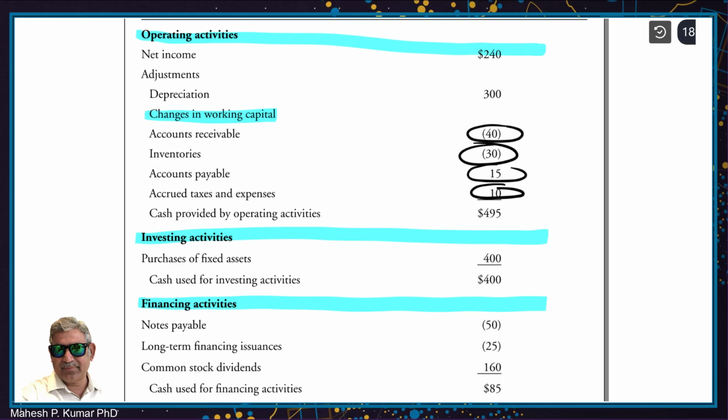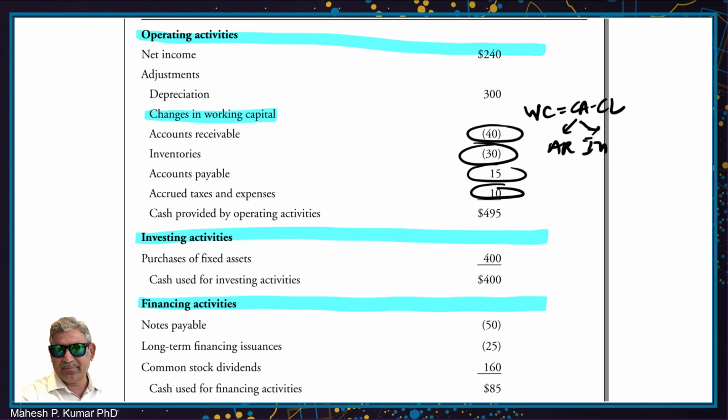Working capital in valuation is current assets minus current liabilities, but in current assets we mainly consider accounts receivable and inventories, and we don't consider cash and cash equivalents.